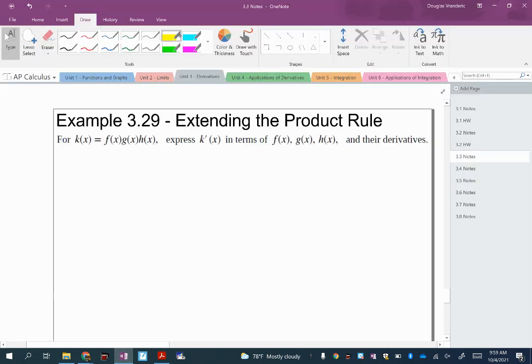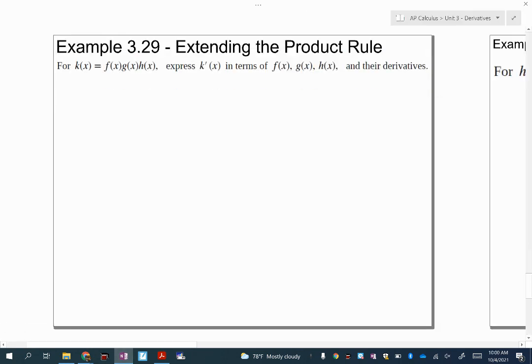is I'm going to treat this as two functions multiplied together, where the first function is f of x times g of x. So I want you to think of this as k of x is the same as f of x g of x, which is one function, times h of x.